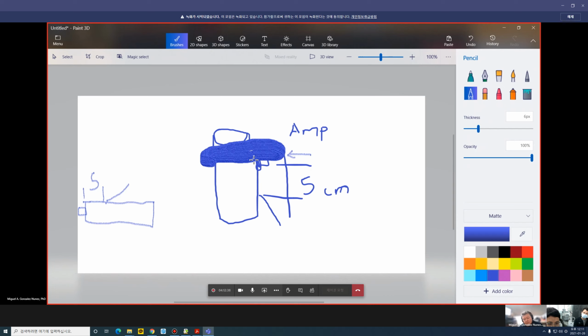Okay, I need time to arrange my ideas. No, that's fine. I think I can understand now. I am going to prepare a small demonstration for tomorrow to explain better what I'm trying to tell you. I have the acrylic rod here.